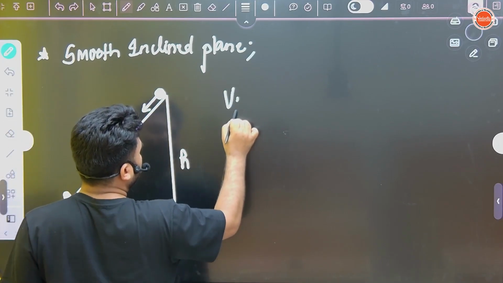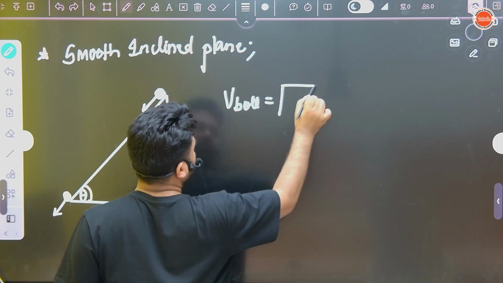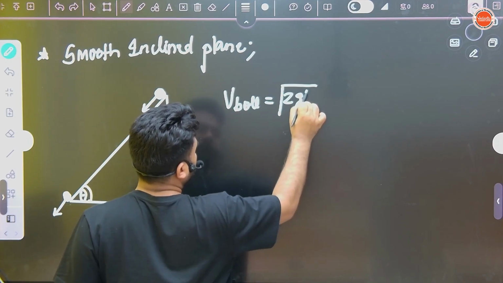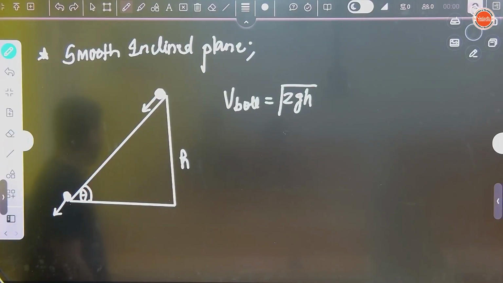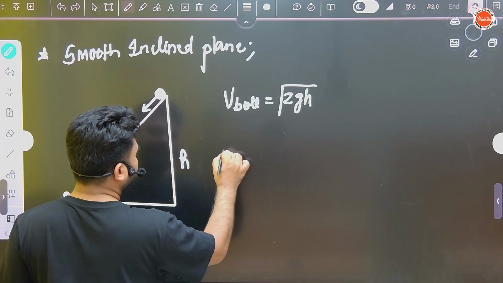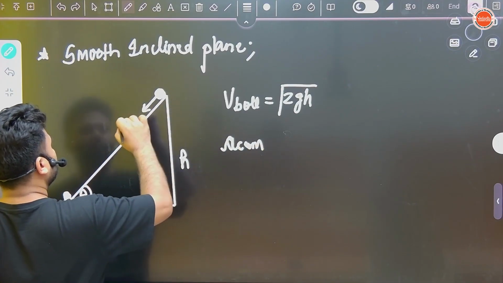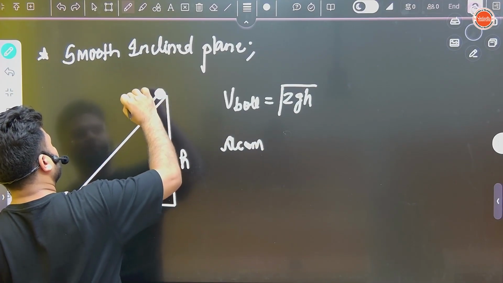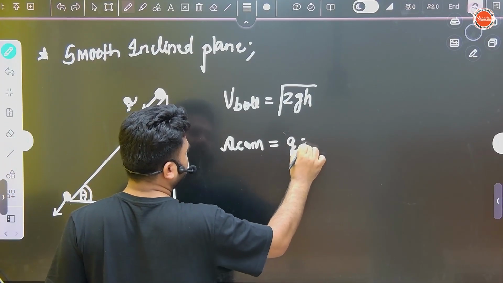Velocity at the bottom equals under root 2gh. They ask this question. They ask what is the acceleration of center of mass, the acceleration of the object. So acceleration of center of mass is nothing but g sine theta.